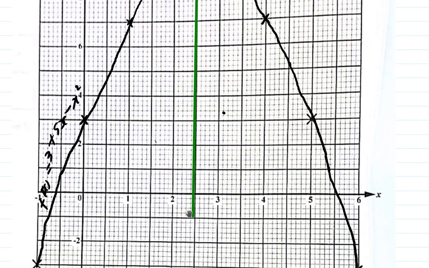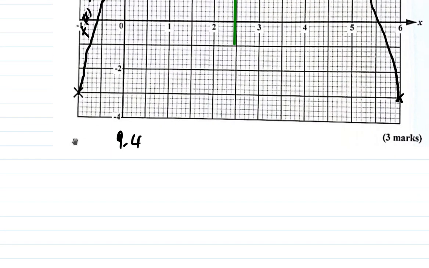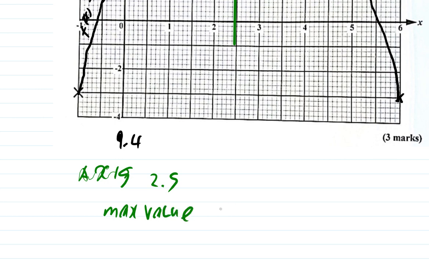Looking at this, what's the equation of this line? Well, this line is x equal 2.5. So it would be 2.5, and max value looks like 9.4.